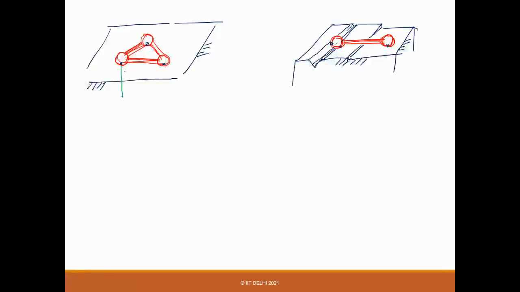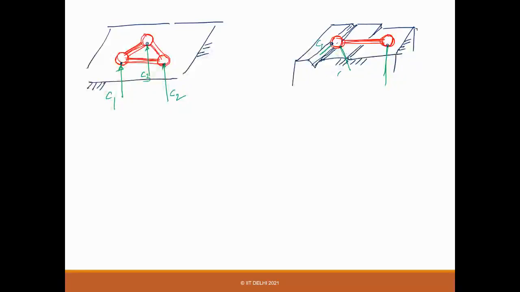Here you have the constraint lines C1, C2 and C3. These are the constraints. Here the constraints are like this, and maybe like this and this, right?